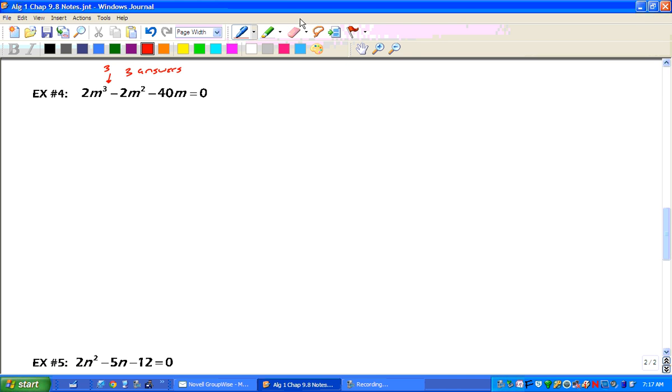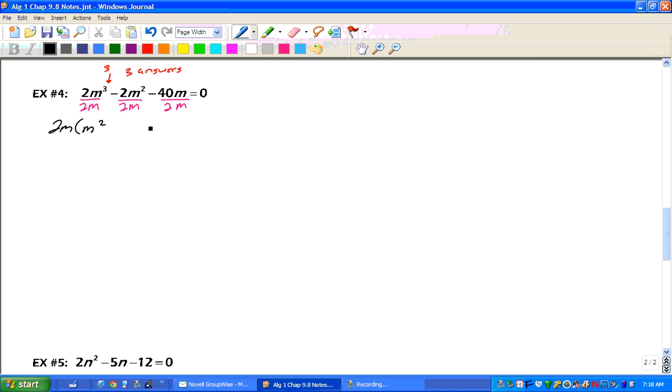Okay? So remember, the first thing you always want to check, is there a GCF? Okay? And there is. Each term has an M. Okay? So at least I should be taking out an M. But in this case, we can also take out a 2. Okay? So the 2m comes out front.